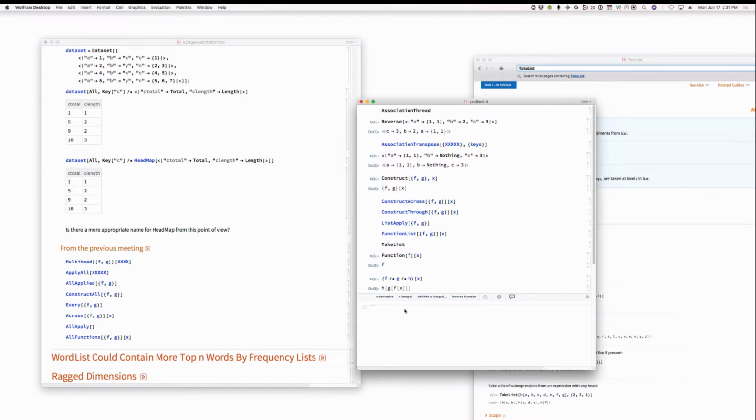So let's say with whatever this thing is called, HeadMap or whatever, of FG, well, F1, F2, gives whatever it gives. So that's easy to explain by example. Yeah, it's easy to explain this function by example, but we just need it to have a name.